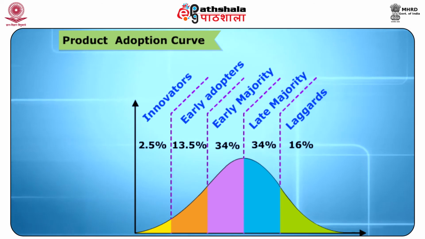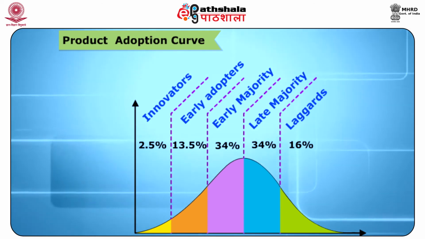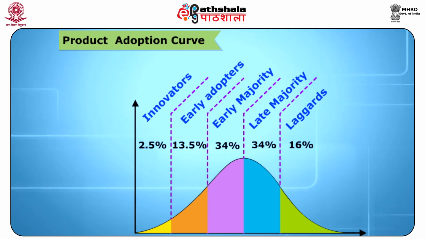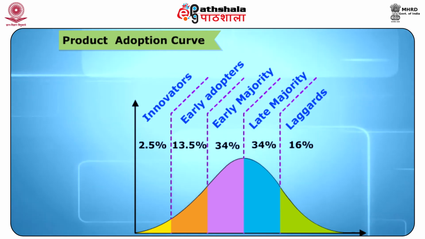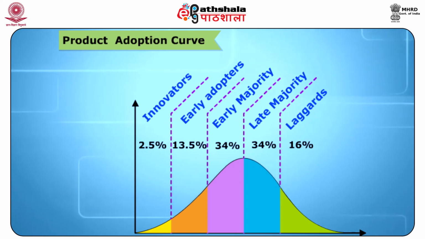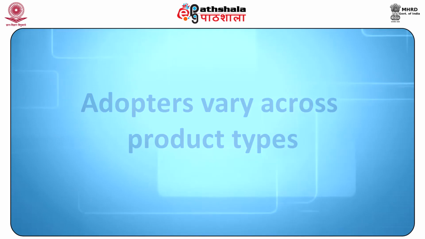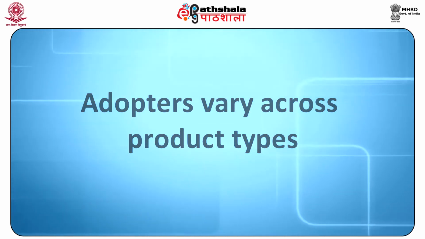So, we have seen how a bell curve can clearly describe the different categories. There are different stages at which these various categories adopt the product, and therefore we have different responses by these different categories. The adopters may vary across product types as well.